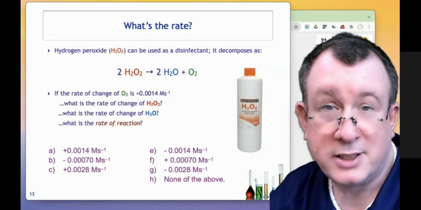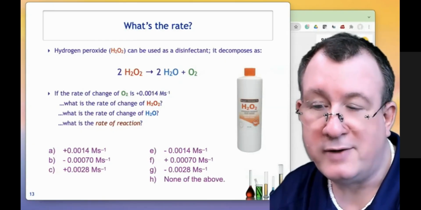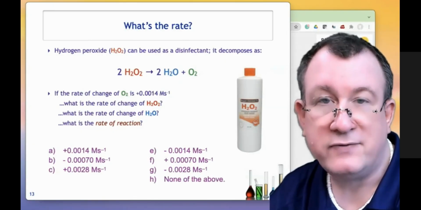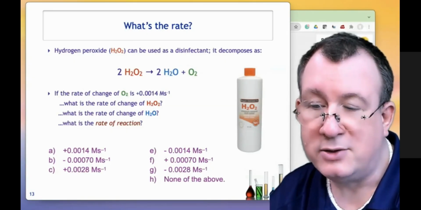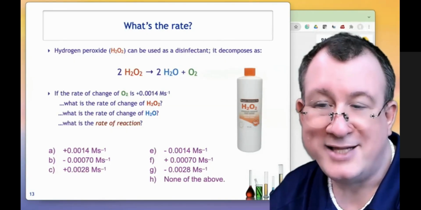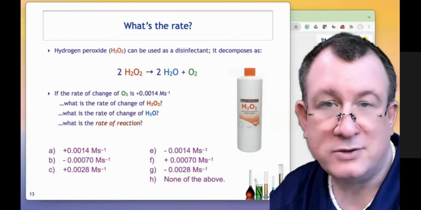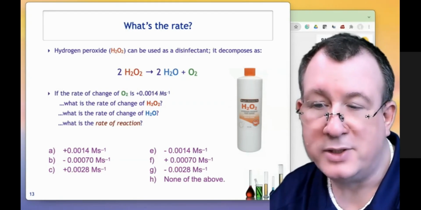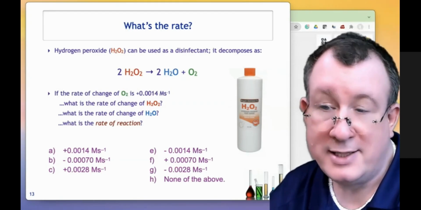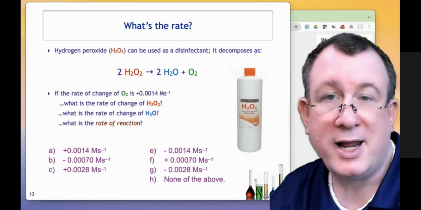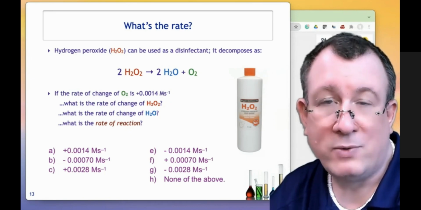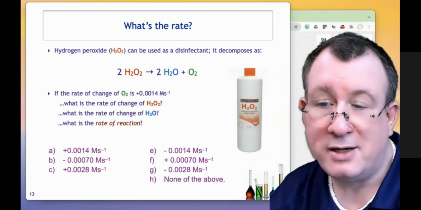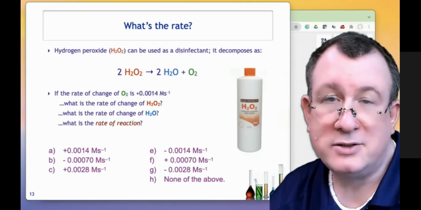I could also take the water, which you told me the rate of change is positive 0.0028, and divide it by positive 2, and I'll get the same number, positive 0.014. In this case, the oxygen has a 1 in front of it, and that 1 is positive, so for the rate of oxygen, all I have to do is divide that by positive 1.